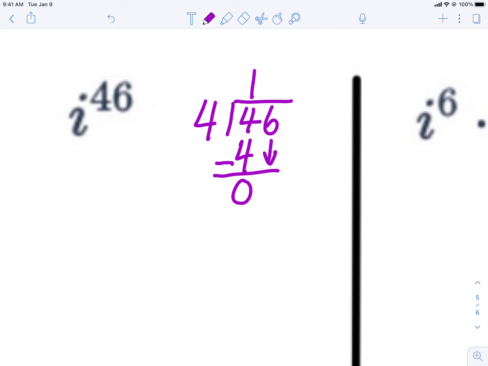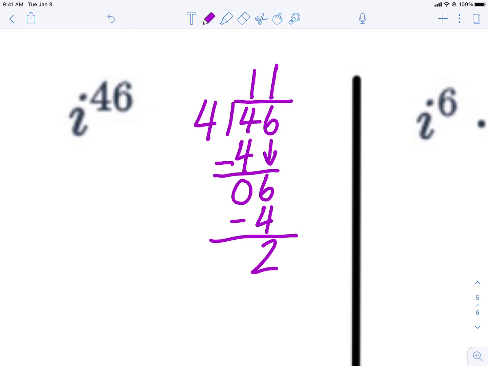I bring down my 6. How many times does 4 go into 6 without going over? 1 time, right? 1 times 4 is 4. And 6 minus 4 is 2.